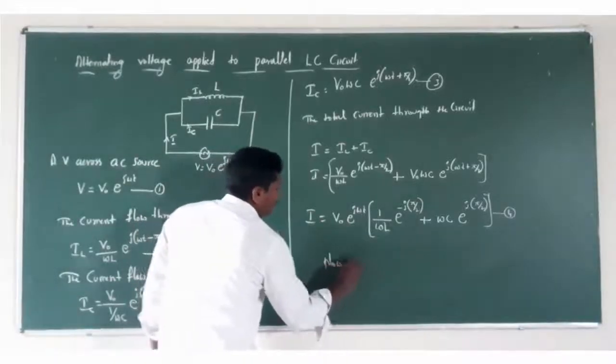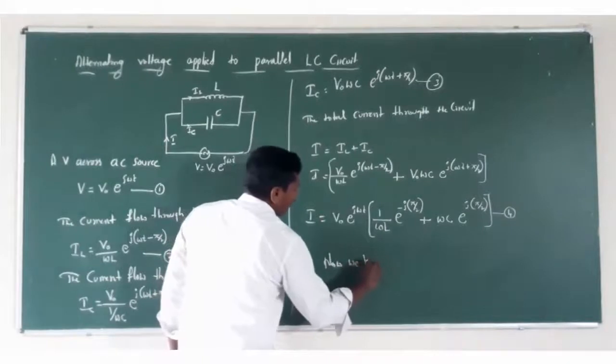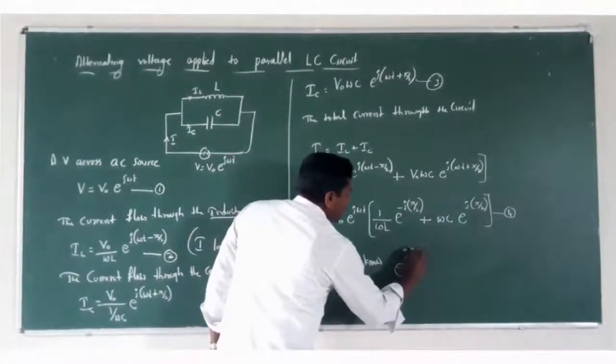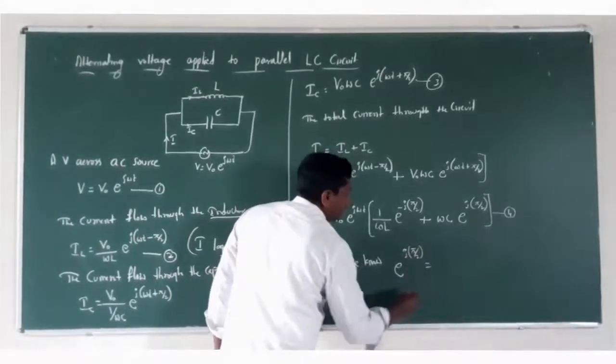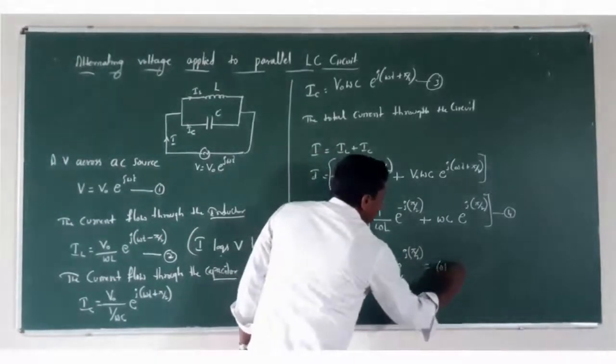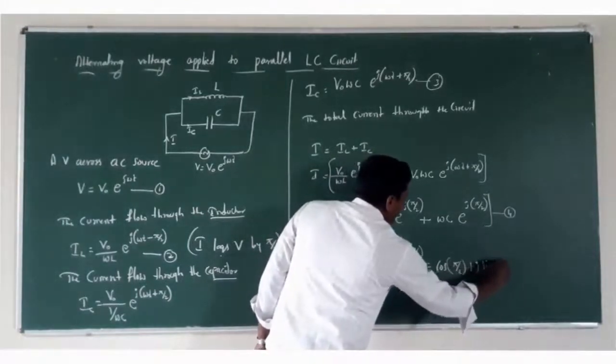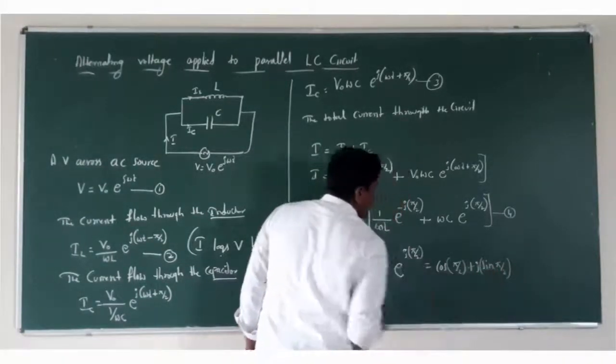We know e raised to j pi by 2 can be written as cos of pi by 2 plus j into sin of pi by 2.